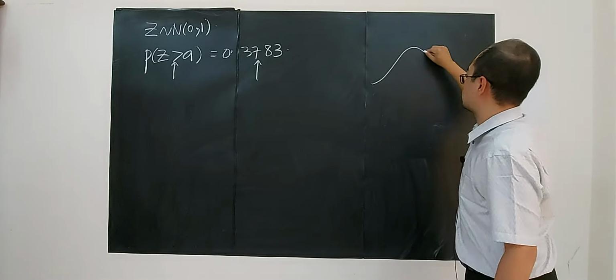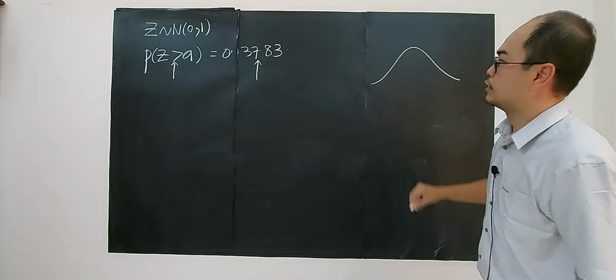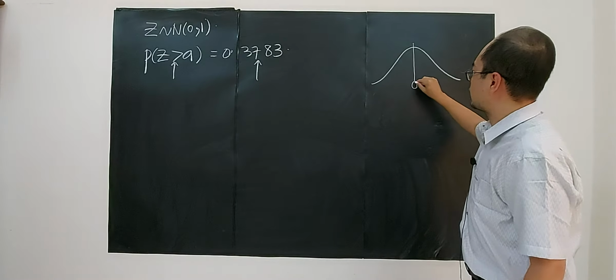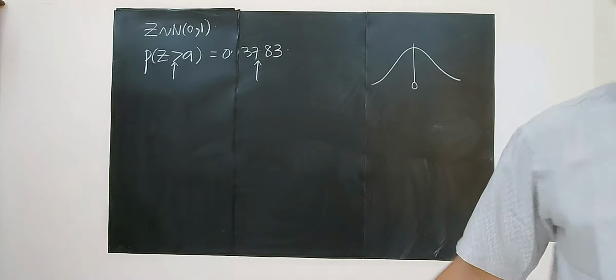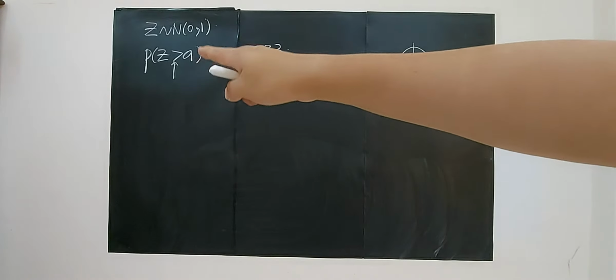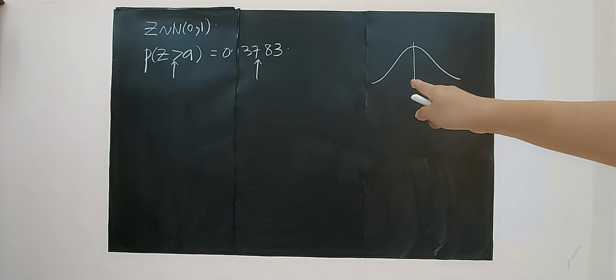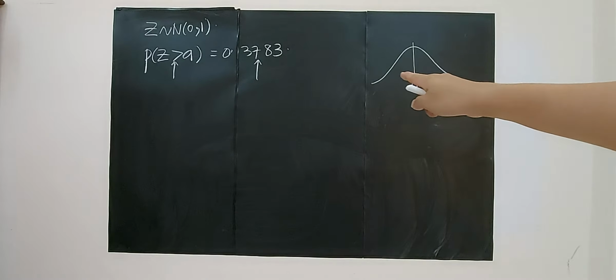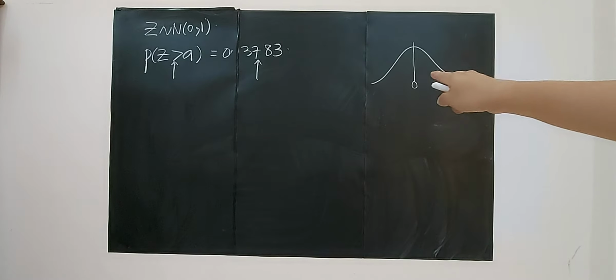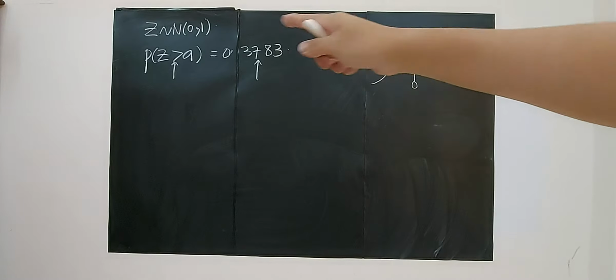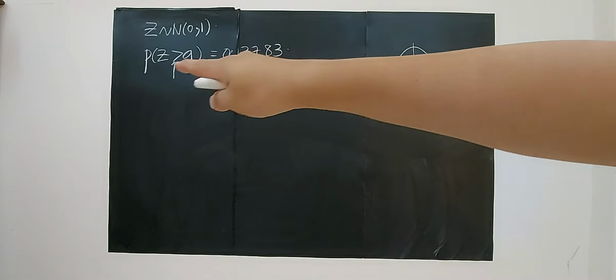Now you draw a normal distribution. You know the mean is always 0, and this is greater than A. So I have to locate A here. I don't know if A is on the left or on the right. That's why I asked you to observe these two things here.